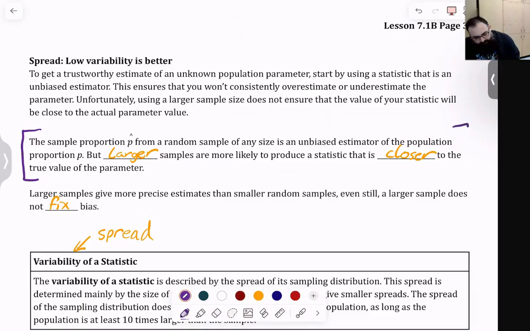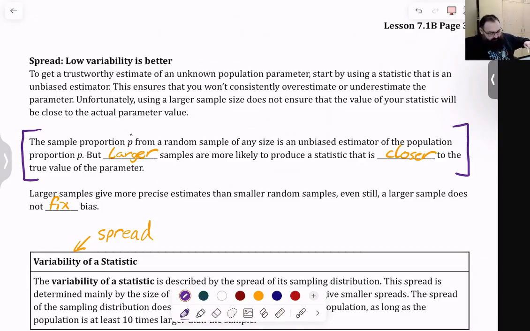A sample proportion. So basically, larger samples are more likely to produce a statistic that's closer to the true value. So basically, the bigger your sample size, the closer it's going to center around the actual statistic. And so what does that mean?